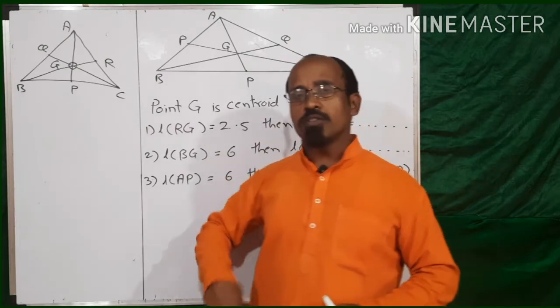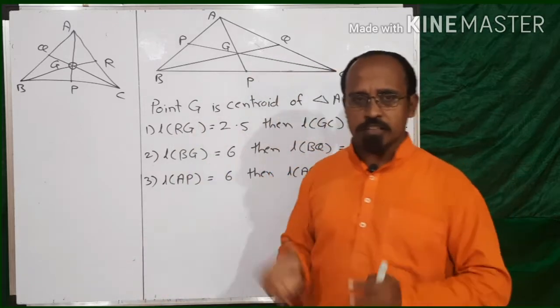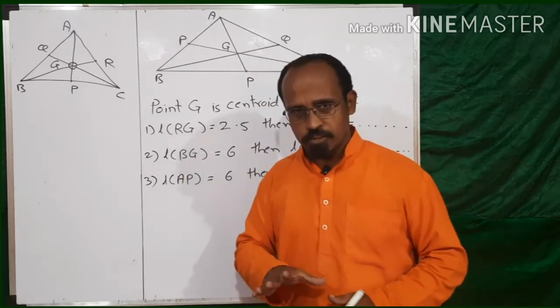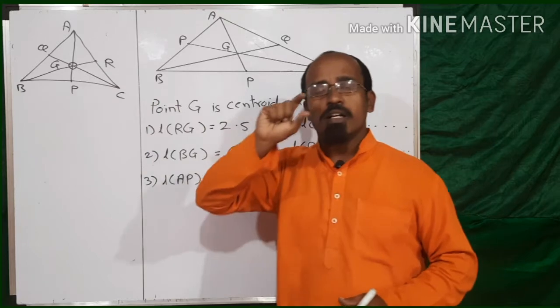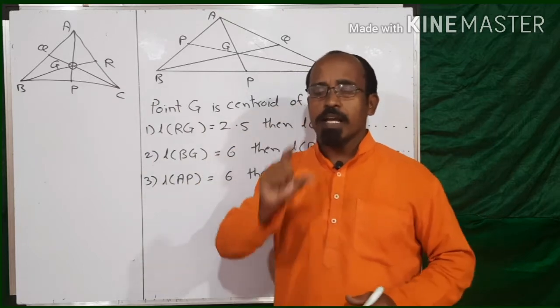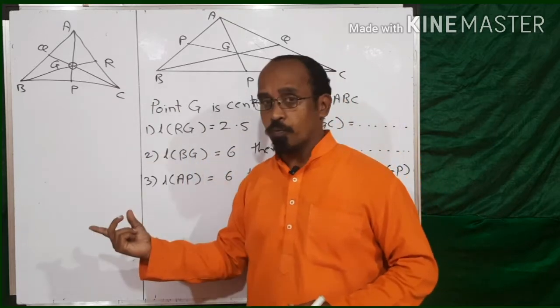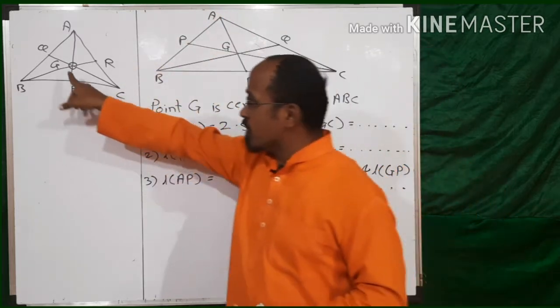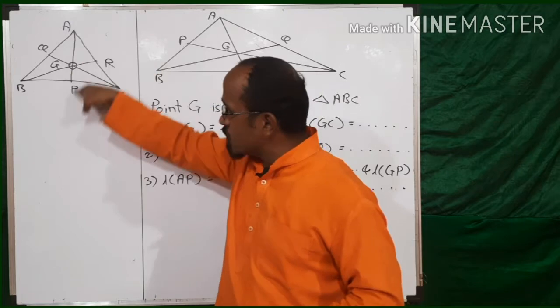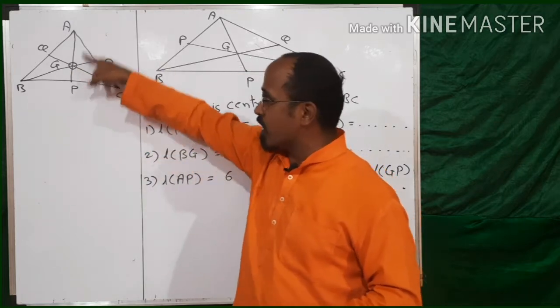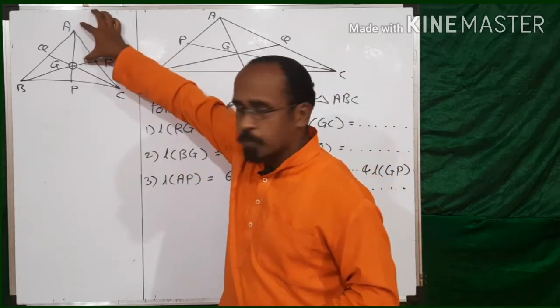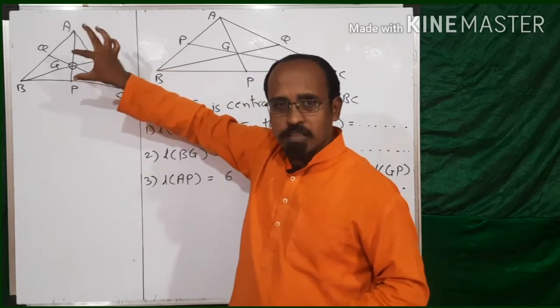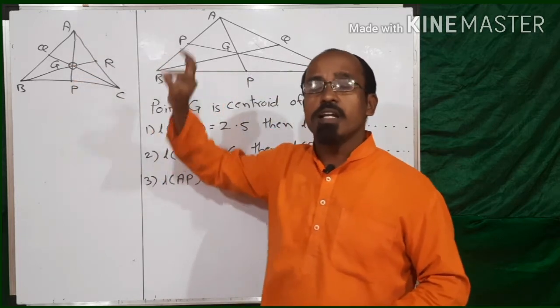Now we are going to see one very interesting property. The property is this: centroid divides every median in the ratio of 2:1. Means centroid G divides this median into two parts, AG and GP, and their ratio is 1:2.